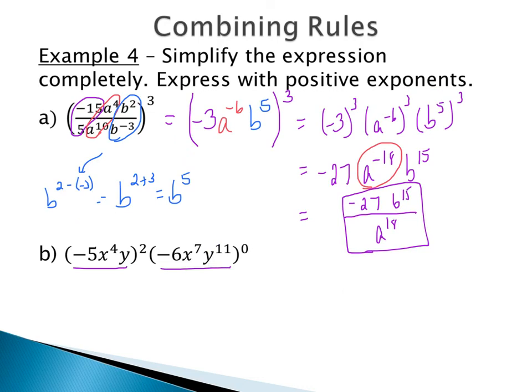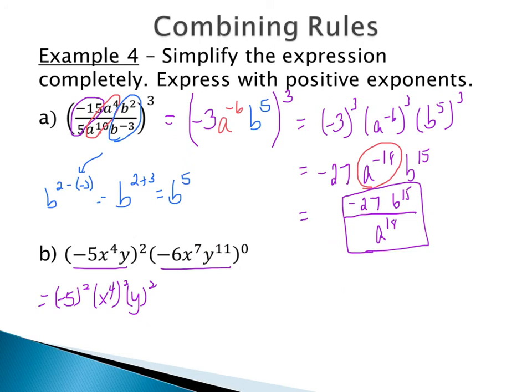So then the next step would be to use our exponents, right? Order of operations: parentheses, then exponents. So for the first part, I'm going to have to bring that 2 in. So we would have negative 5 to the second power, then we would have x to the 4th to the second power, and then y to the second power. For my next grouping, I see that I would be bringing in a 0 exponent.